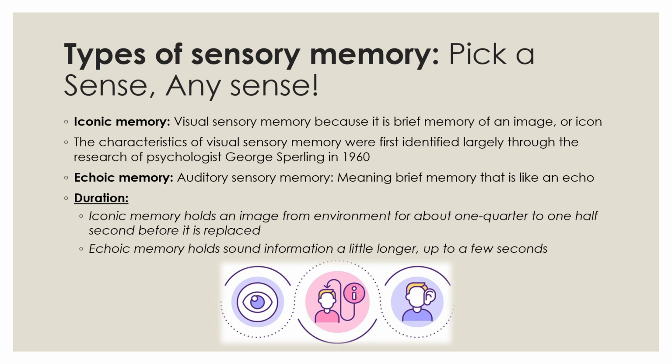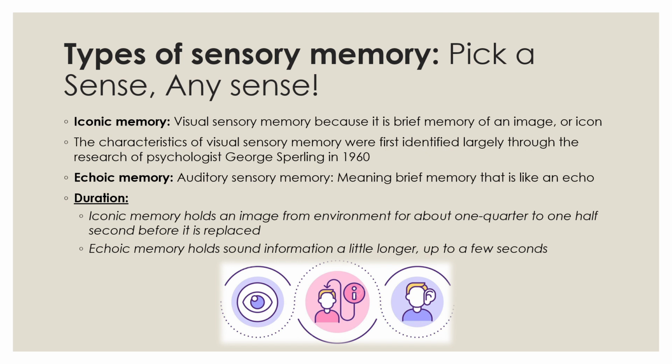Iconic memory is the visual sensory memory, a brief memory of an image or icon, and its characteristics were first identified largely through the research of psychologist George Sperling in 1960. And echoic memory is the auditory sensory memory, meaning a brief memory that is like an echo.